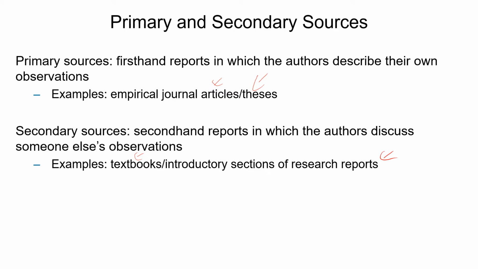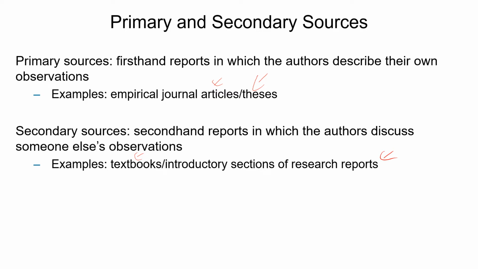Typically you won't cite a secondary source. If you find a primary source that was cited in a textbook, you're not going to cite the textbook there and basically use that. You're going to go to the primary source and cite the primary source.